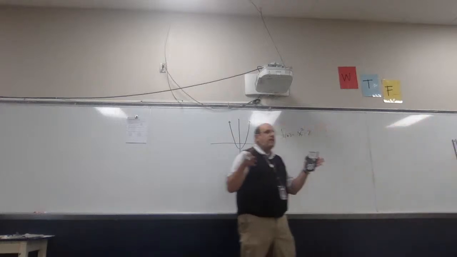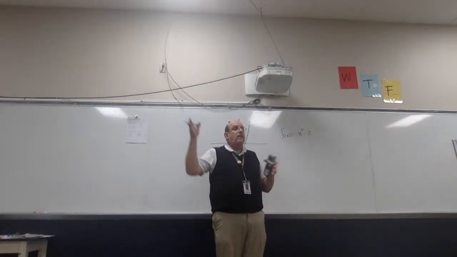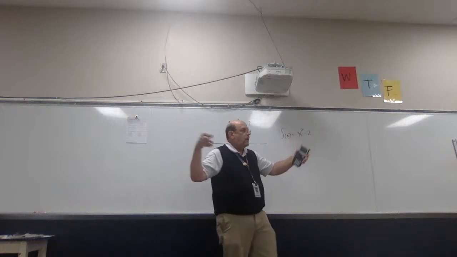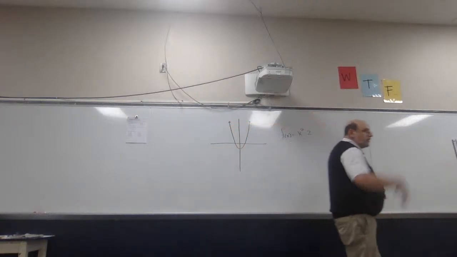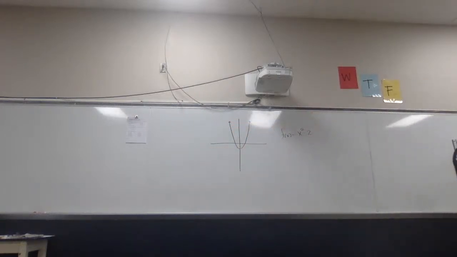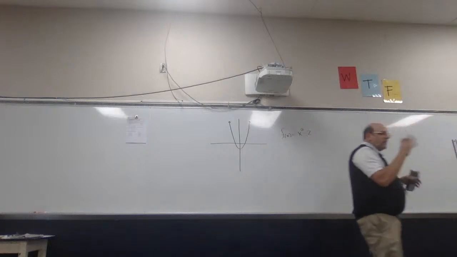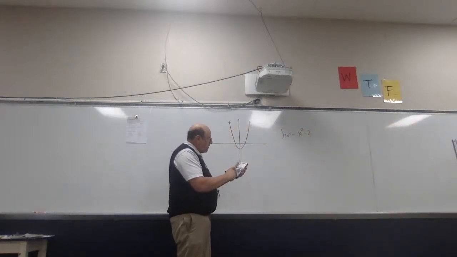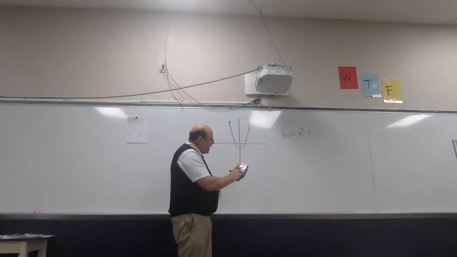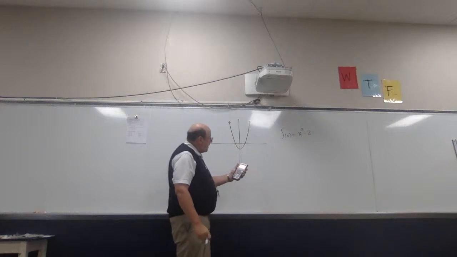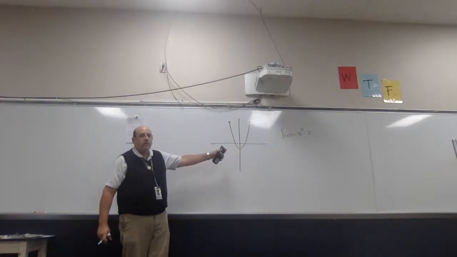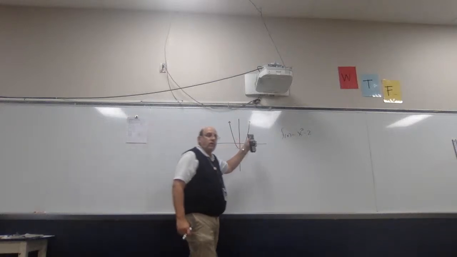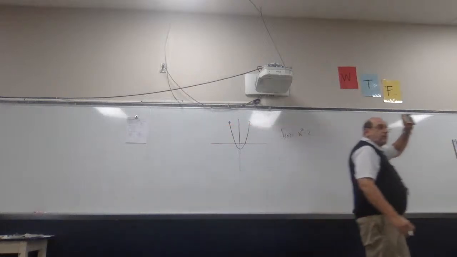Our windows should be set to -10 to 10 and -10 to 10. But sometimes when kids are in here, they make it all funky. So once that's done, you hit enter. Y equals, do your X squared minus 2 again, and you hit graph. And it'll look just like this. Okay? Now we know how to graph.